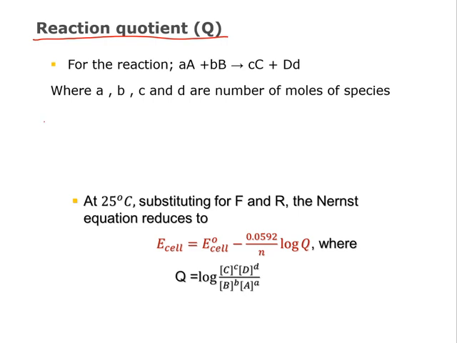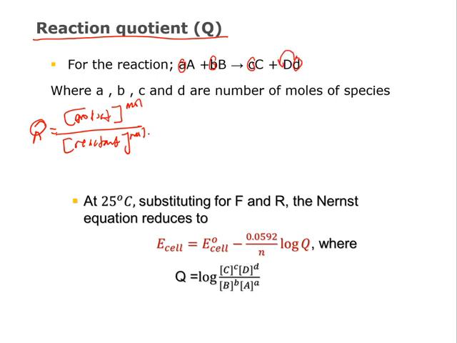Now the reaction quotient Q is given by the concentration of the products raised to their moles divided by the concentration of the reactants raised to their moles. From this equation you understand that the small letters a, b, c, d give you the number of moles of the species, which are raised as powers.